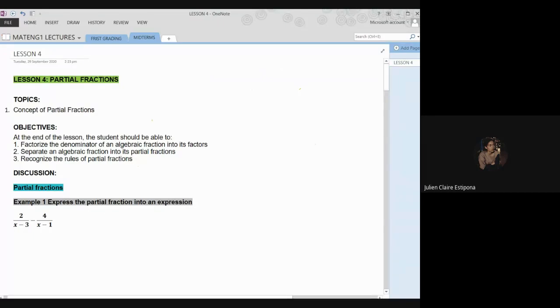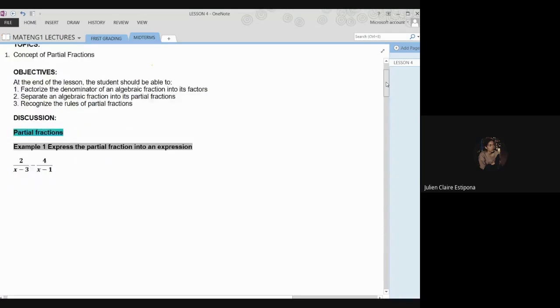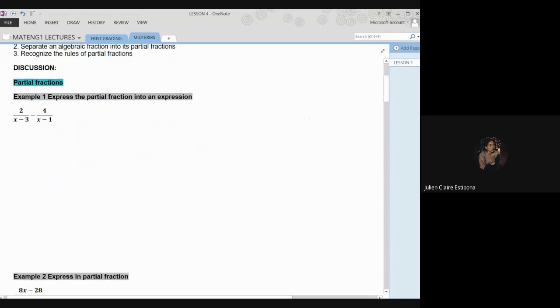So, diretso na tayo, no? So, if we have here example number 1, express the partial fraction into an expression. So example number 1, 2 all over x minus 3 minus 4 all over x minus 1, that is a partial fraction. That is two simple fractions called partial fraction.